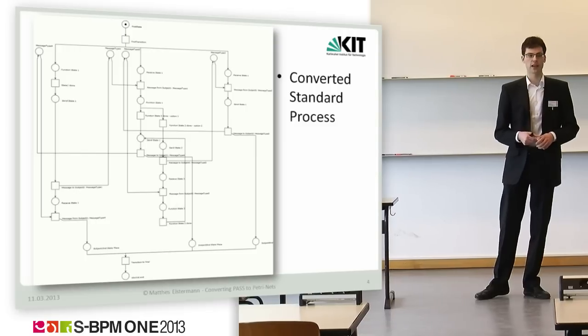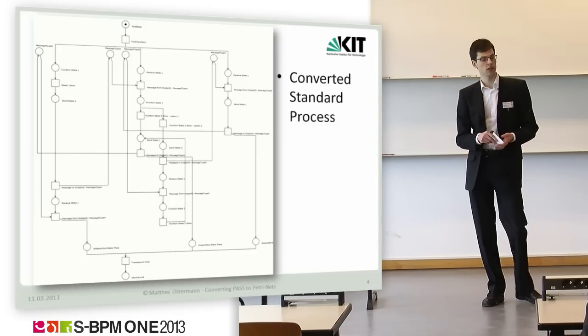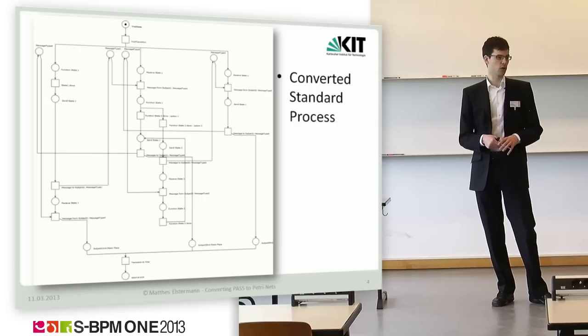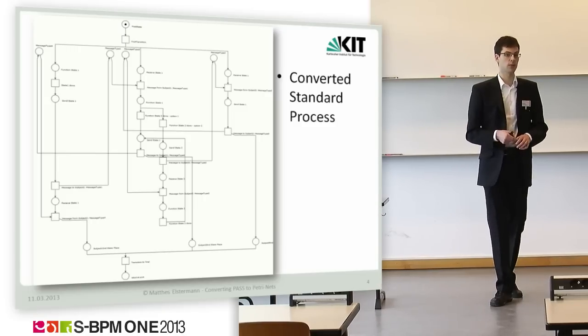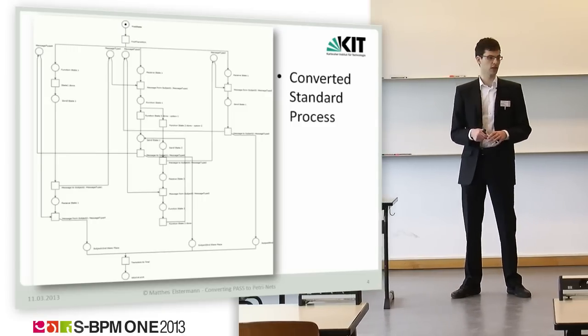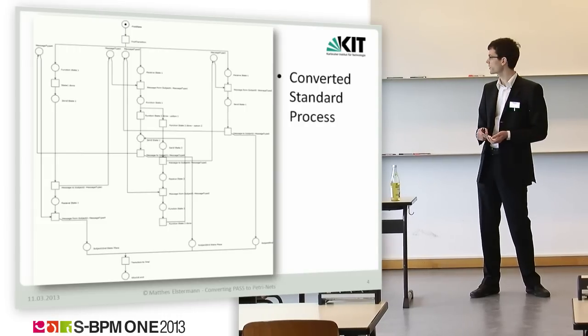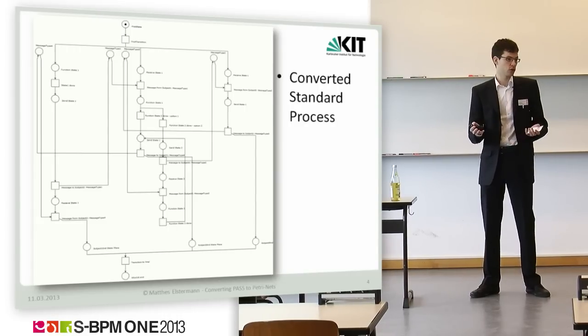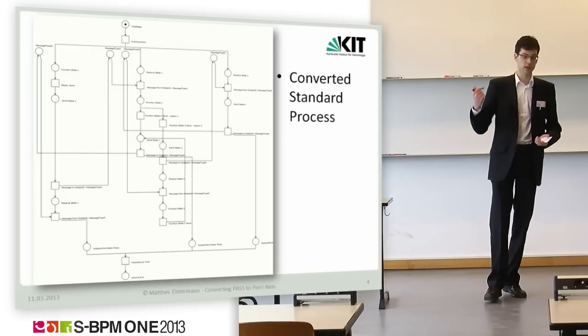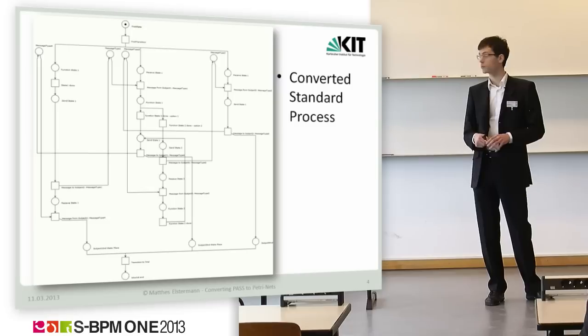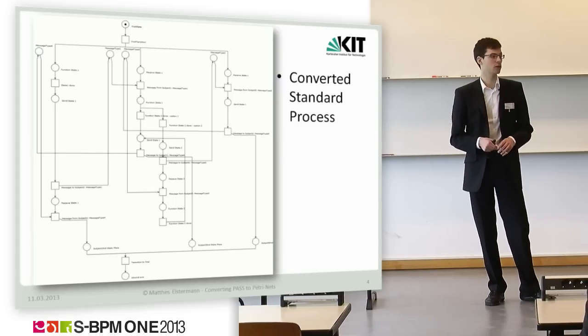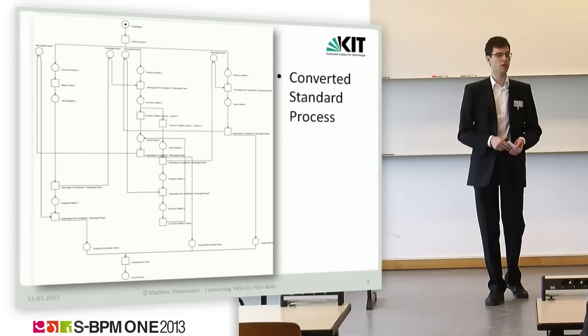We already had path models of our KIT application processes, actual real-life processes, like how to apply or register for exams and such things. I had the option to either model it by hand in another process modeling language, or I thought maybe I could use an automatic tool and convert it.